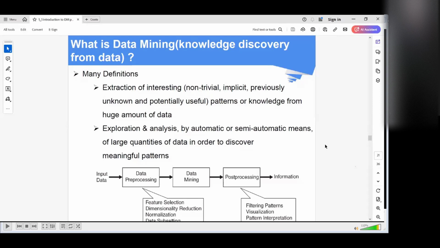So you can extract some patterns. What do I mean by pattern? Let's say you are running a chocolate company. You deliver different types of products, different quality, different size products. Among those products, there are some hidden patterns we don't know about.